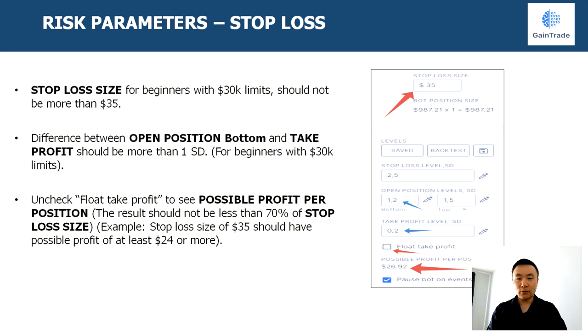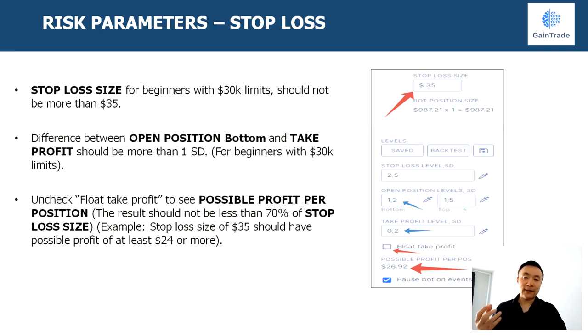Also, in the window below, you'll see the stop loss level in standard deviations, where basically you can determine the maximum deviation of the pair from the center line. The center line is basically where the standard deviation is calculated from.